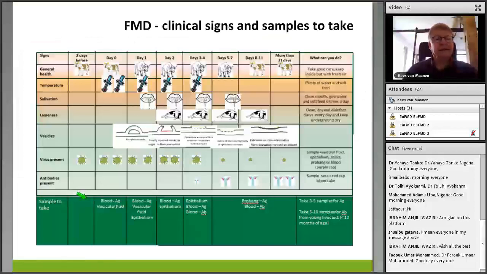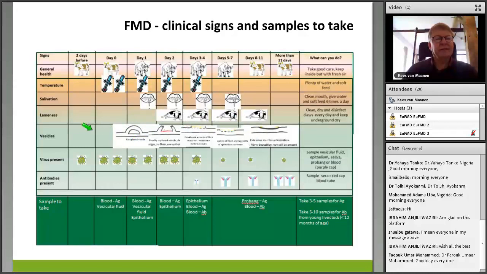Okay, and this is a very nice diagram. I did not develop that myself. One of the colleagues in EUFMD did it, where we have, like in a sort of cartoon, all the information combined, if the animal is showing sick or not, when it does have a fever, when it starts salivating, when it starts becoming lame, what sort of lesions you could expect on the different days.